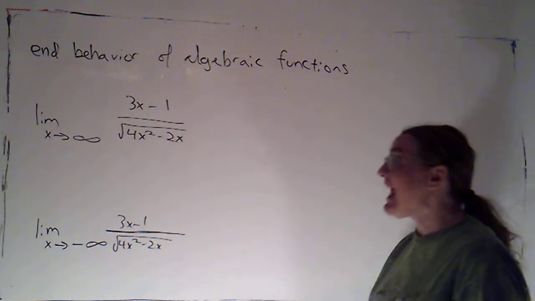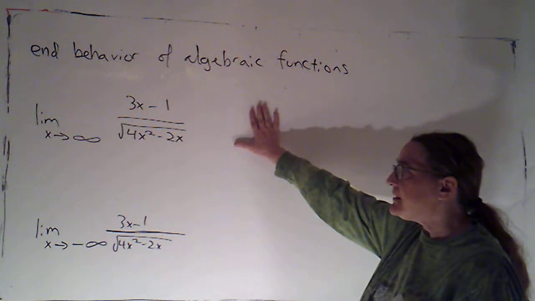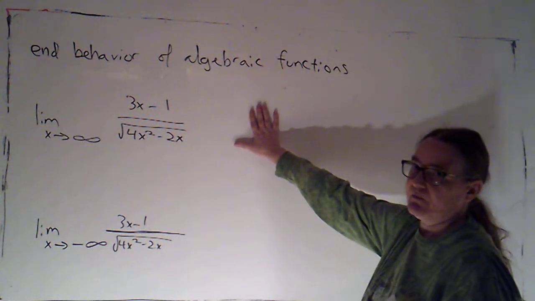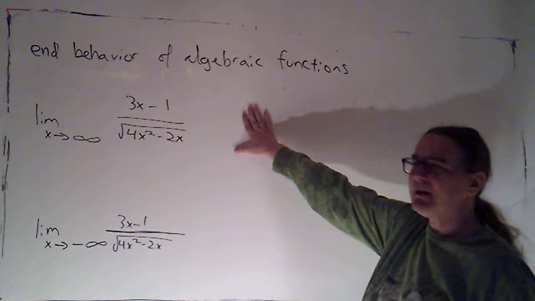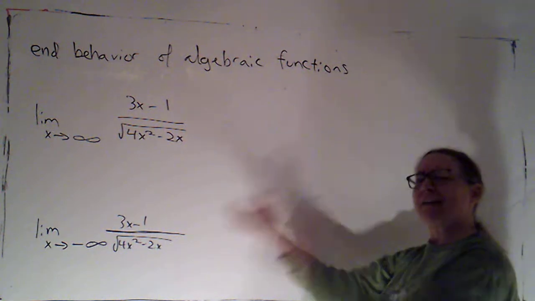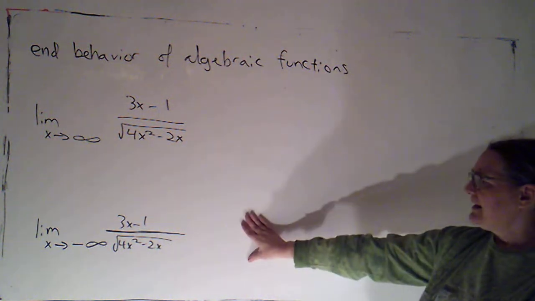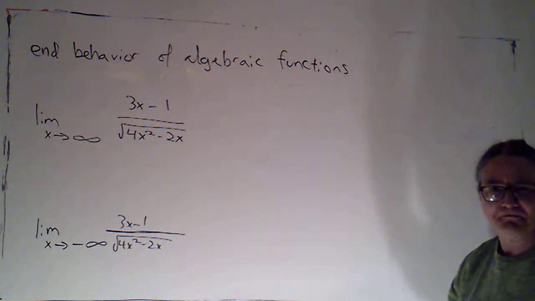Whatever limit I get here has to be positive if it's not 0. In theory, it could be 0. It's not going to be. If I get a negative limit here, that's not possible because I can't take the limit of something that's positive and get a result that's negative. Here, I can't take the limit of something that's always negative and get something positive.